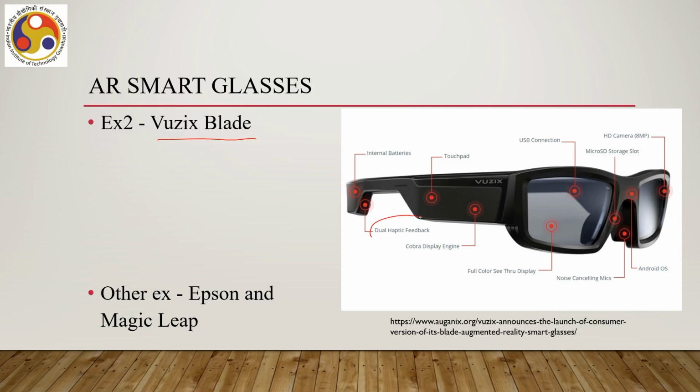Say for example, it has dual haptic feedback component, display engine, see-through display, that is the glass part, noise cancelling microphones, Android OS, memory storage, camera, USB connectivity, touchpad and so on, even a place to keep batteries.